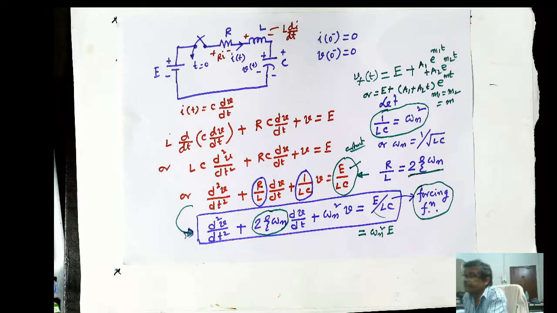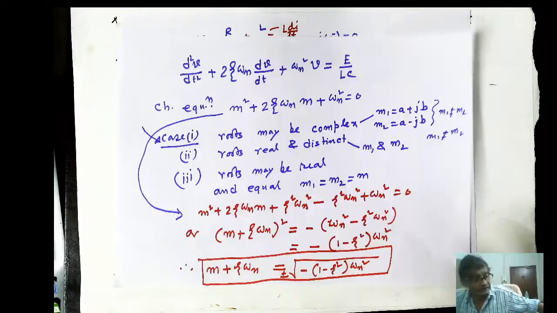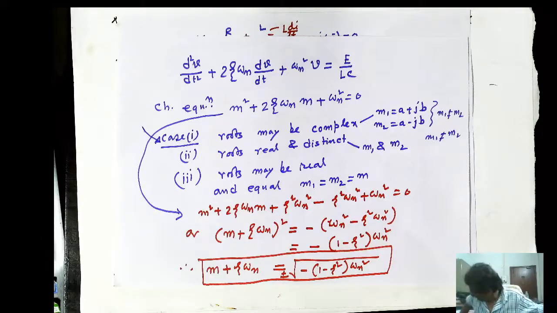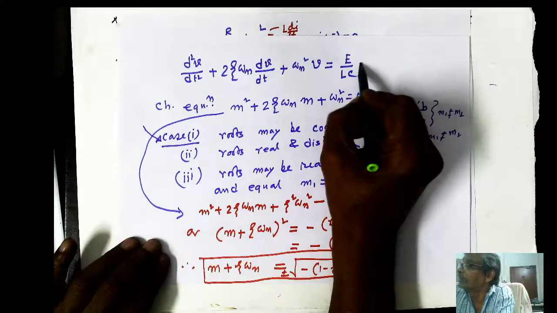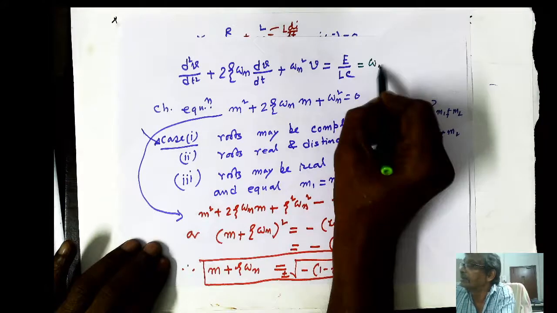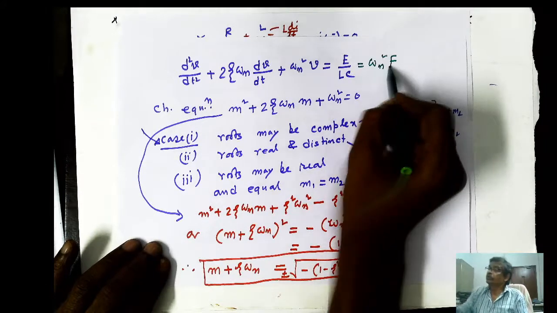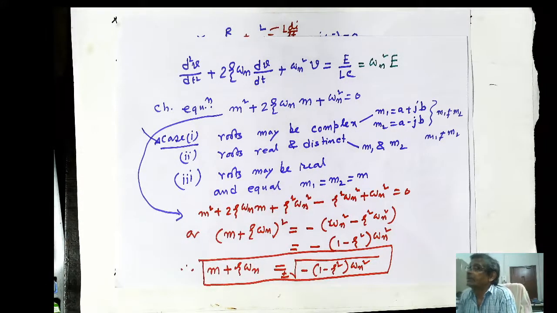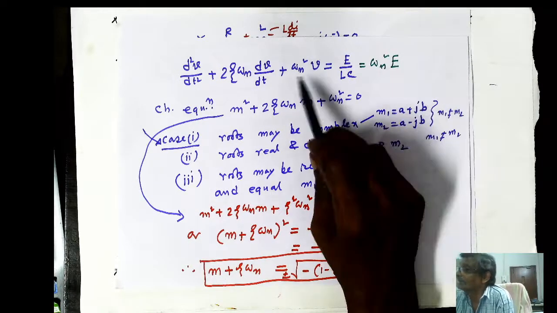Acha, if this equation looks like this, then you see this, as I told you, is nothing but omega n square into E. Now the solution due to forcing function is omega n square E divided by omega n square. That is known.